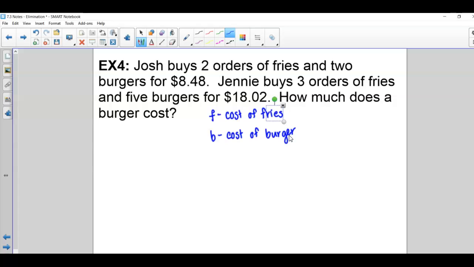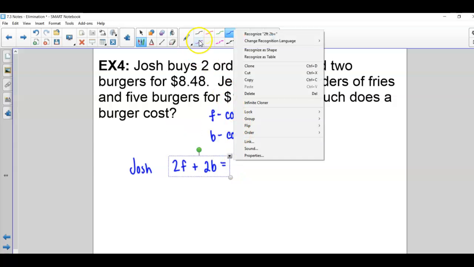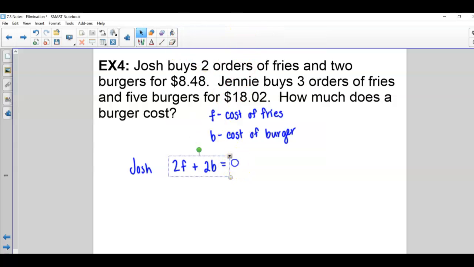So if we're setting up an equation here, we're going to write an equation for Josh and an equation for Jenny. So Josh, he buys 2 orders of fries, so that's 2 times however much the fries cost, which is f. Plus he orders 2 burgers, and his total is $8.48.